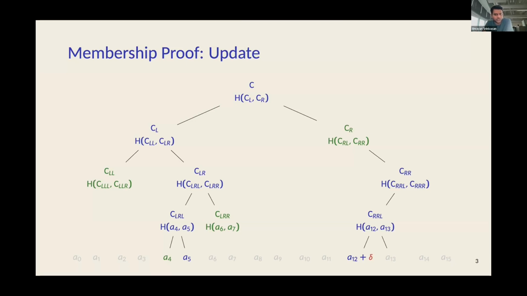All we need to do is take the membership proof of A12 and recompute the path from A12 to the root. In places where it intersects with the proof of A5, we just have to update those hash values. Thus, in logarithmic time, we can update individual membership proofs whenever there is an update in the Merkle tree. We can continue to update all the way to the root, and we can also recompute the updated digest in a similar fashion.